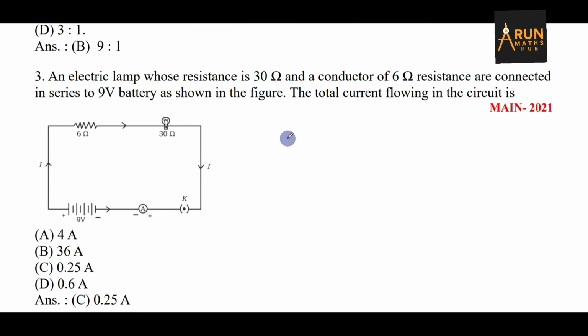Third question, an electric lamp whose resistance is 30 ohm and a conductor of 6 ohm resistance are connected in series to a 9 volt battery. The total current flowing through the circuit is? The total resistance is R1 plus R2, because they are connected in series. R1 is 6, R2 is 30. Therefore it is 36 ohm.